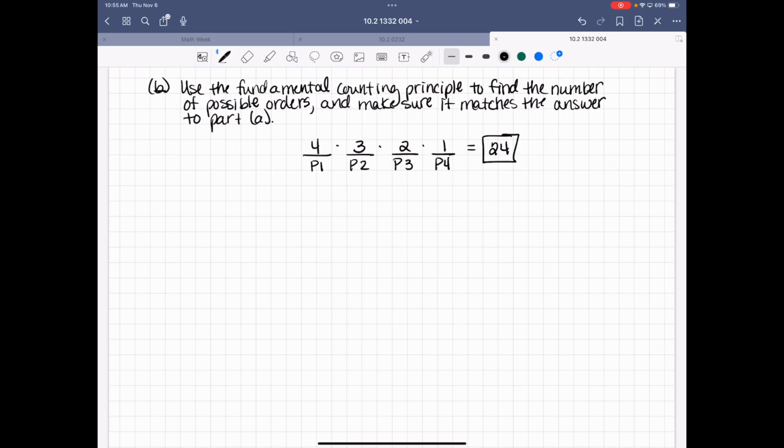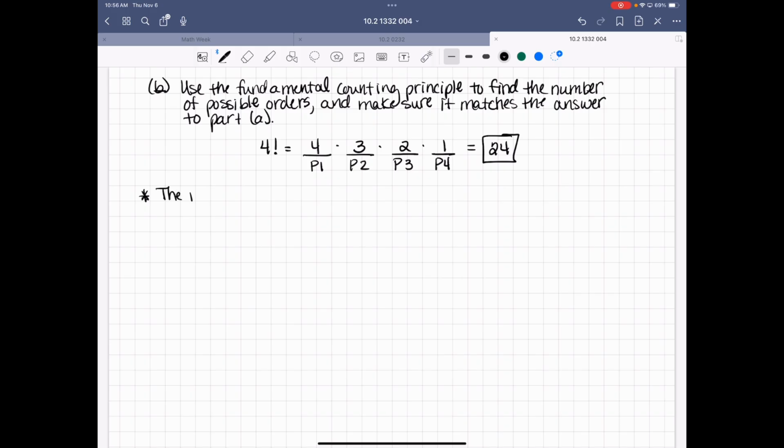Okay? Now, you will notice 4 times 3 times 2 times 1 is really, I know it's 24, but how could I have written that? Exclamation point, yes. 4 factorial, good. This is really 4 factorial. Now, here's what this says. Here's why we show that.